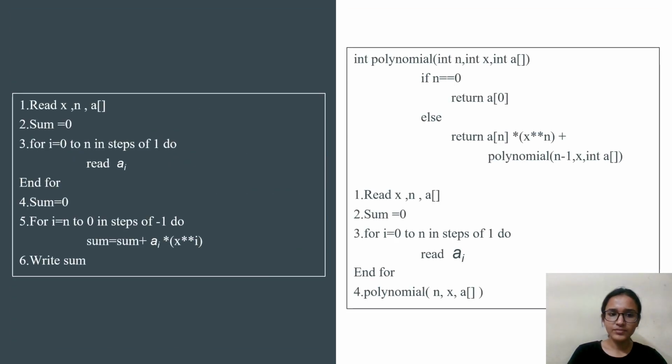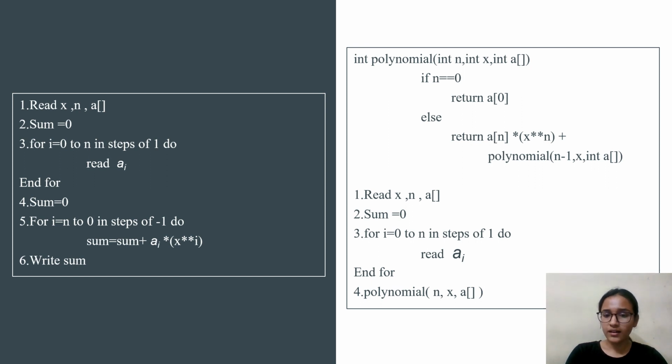Column 1 is the algorithm for the iterative approach, and column 2 is for the recursive approach, which does the same as the iterative approach and has the same initial stages, that is reading the value of x, the number of terms, and the coefficients of each term in array A, and initializing the variable sum to 0.